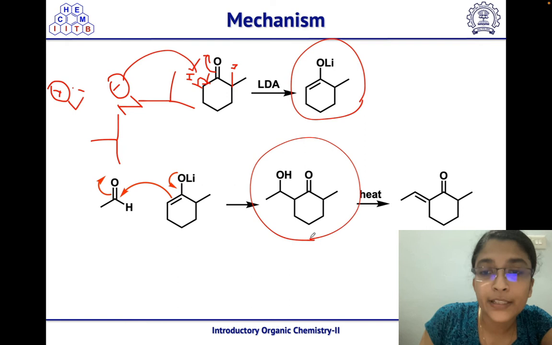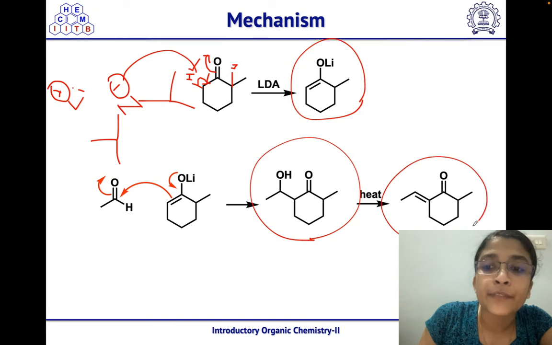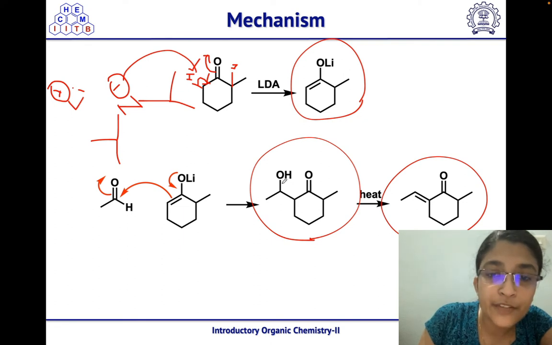And upon heating, it will undergo condensation as we have seen previously, and it will lead to formation of this product. Here again enolate will form, it will fall back, and this double bond will shift here, and this hydroxyl group will eliminate, and we will get this condensation product.